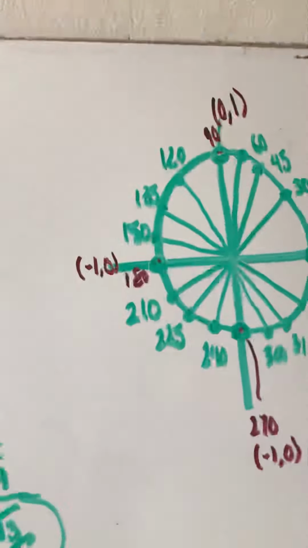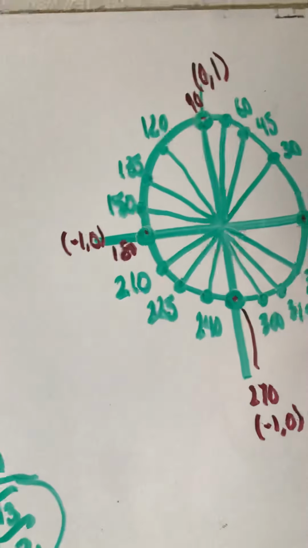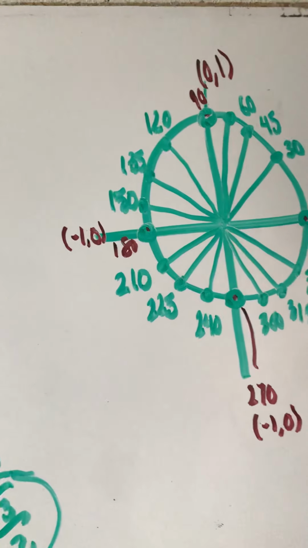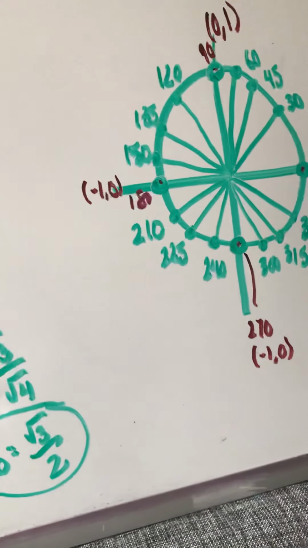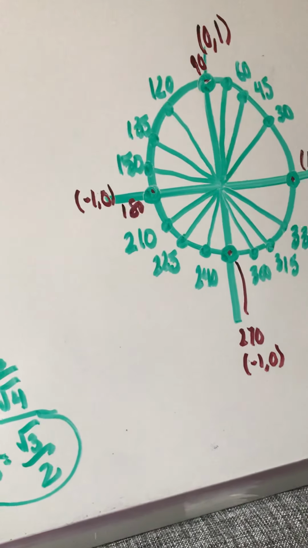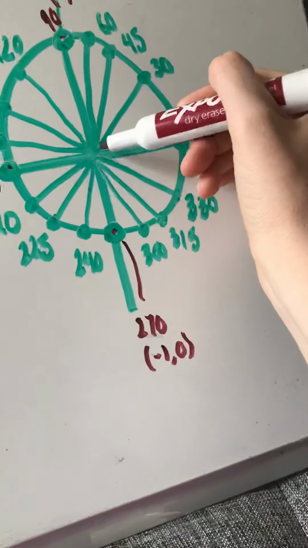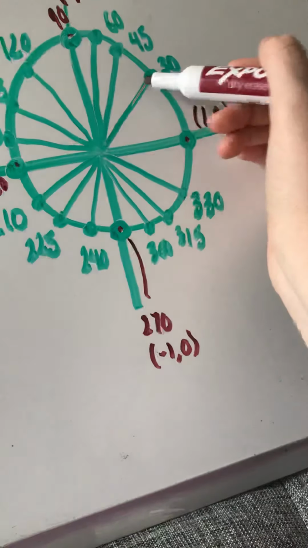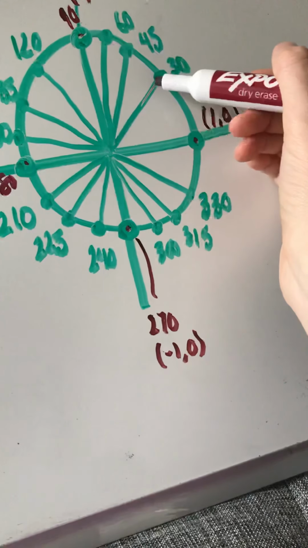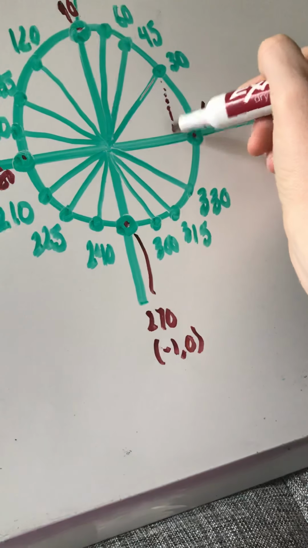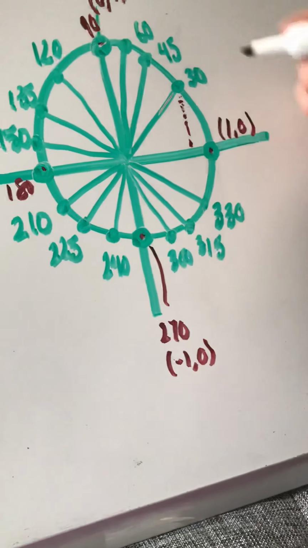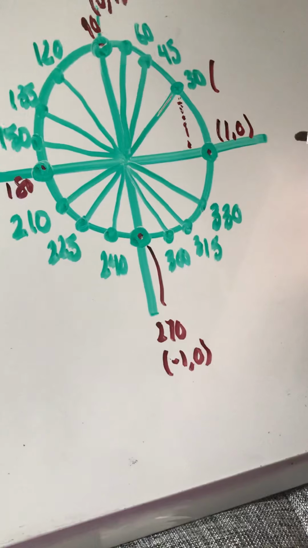I know that if I'm looking at my 30 degrees here, I should be looking at my 30, 60, 90 triangle. And since that is the case, I already know that the length of this side here is 1, because that's coming from the center. That's my radius. Well, now, what is my y value at this point, and what is my x value?